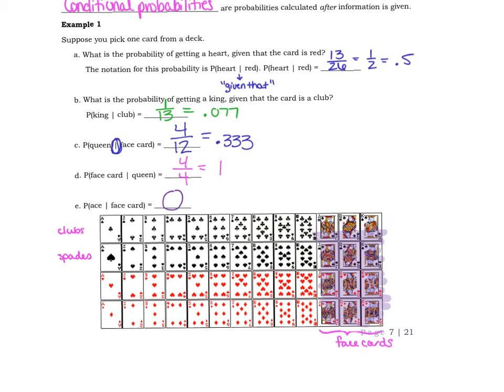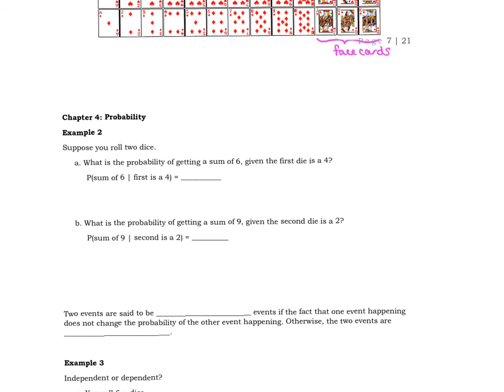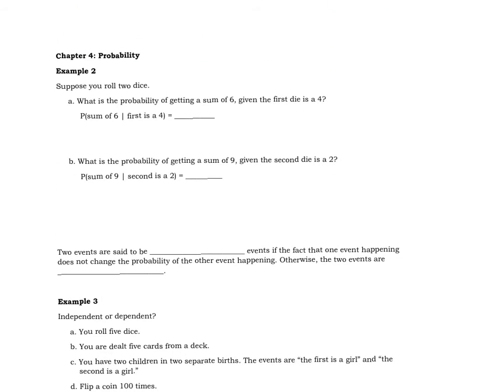Okay. All right. Now, moving on to the next example at the top of the next page. Suppose you roll 2 dice, so a little different scenario, but one we've dealt with before. What is the probability of getting a sum of 6 given that the first die is a 4? So let's think about what our outcomes could be. If the first die is a 4, we could have rolled a 4 and a 1, a 4 and a 2, a 4 and a 3, a 4 and a 4, a 4 and a 5.